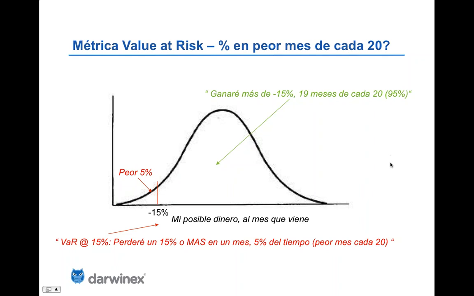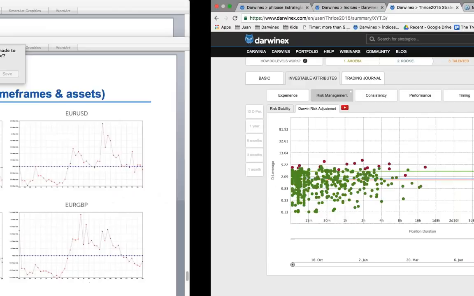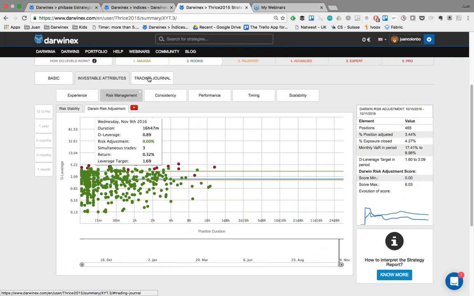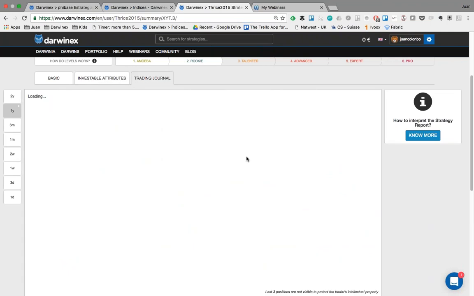So we've got some questions. A very important question by Jim: this chart is showing positions rather than individual trades, and the answer is yes. So you can see each of the individual positions, and you could even go back to the trading journal. Let me just load this.